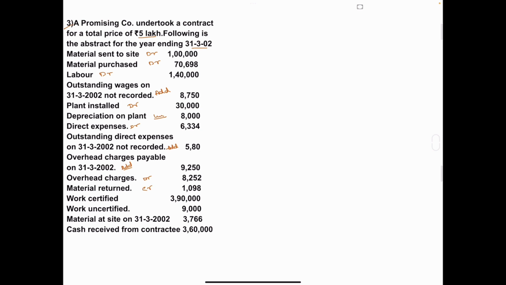Work certified and work uncertified, this one we will take under work in progress on credit side of the contract account. Material at site on 31st March, it is to be credited. Cash received from the contractee 3,60,000. So in this contract, they have given certain information. On the basis of this information, we have to prepare the contract account.